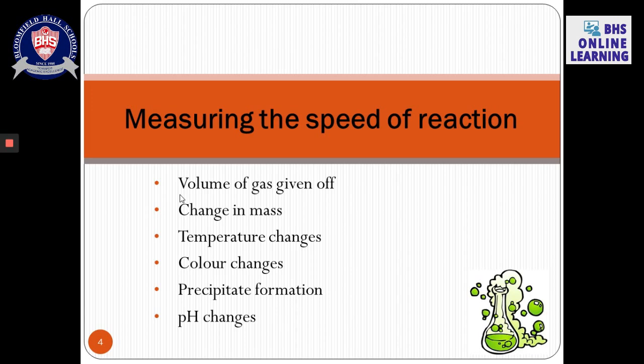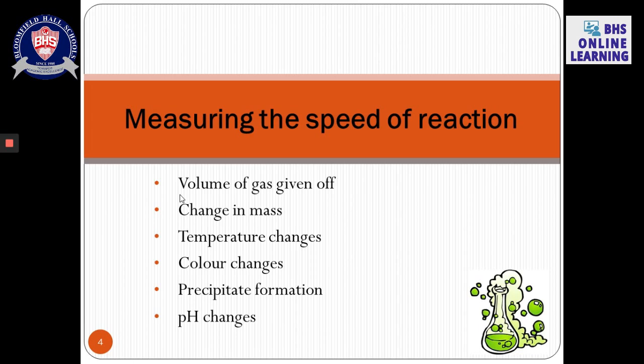Or we can measure change in mass. We can measure the decrease in mass of reactant using an electronic balance. Or we can measure the change in temperature using a thermometer.